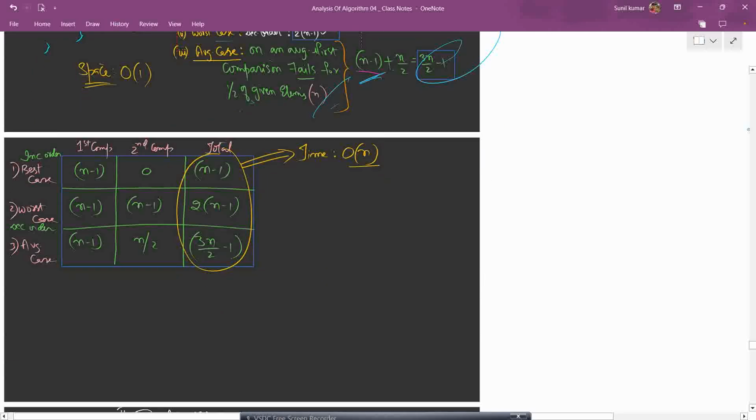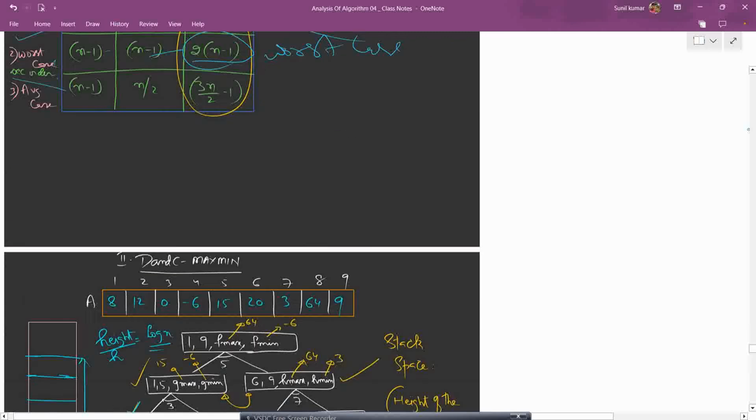So in increasing order it is the best case, n minus 1, and in decreasing order the worst case, 2 of n minus 1. So the worst case time is order of n.